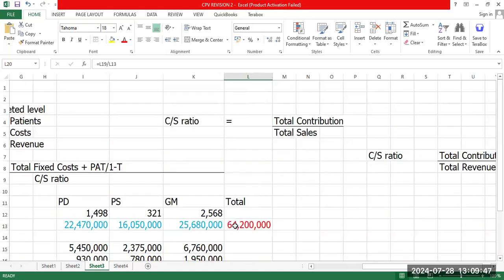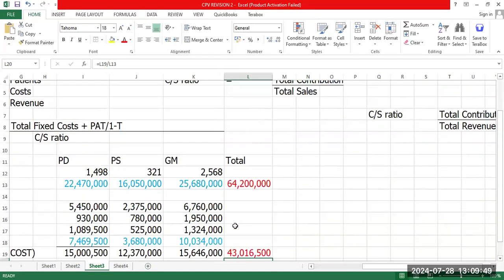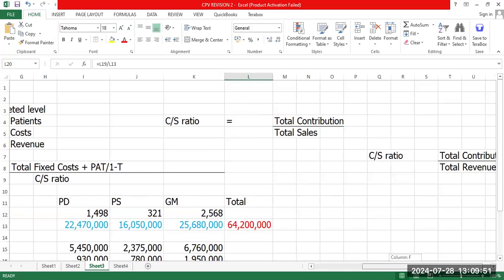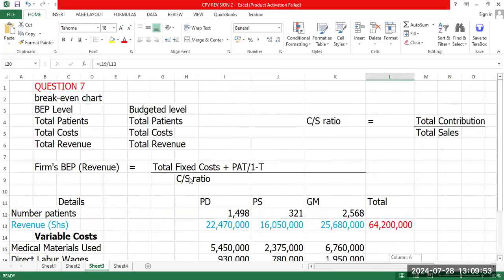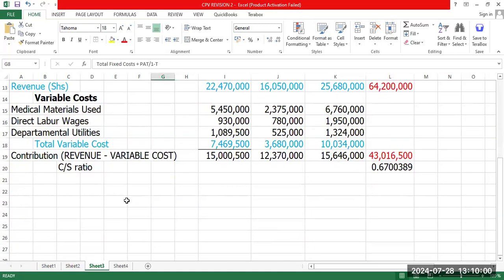Okay? Once you have that, remember, on our formula, we need total fixed costs. And we don't have total fixed costs directly. So you go ahead and get your fixed overheads or fixed costs.